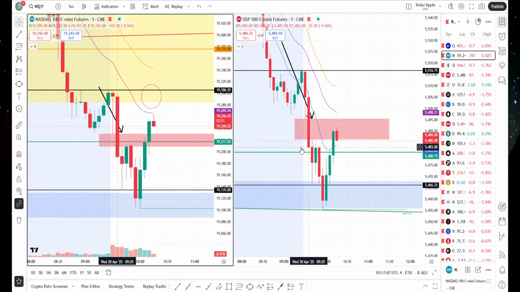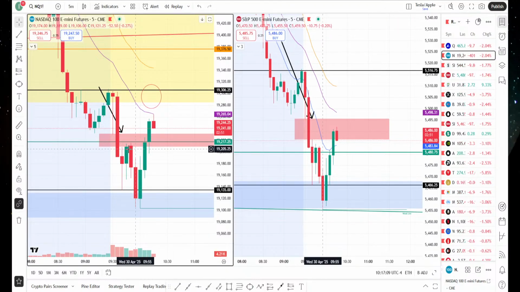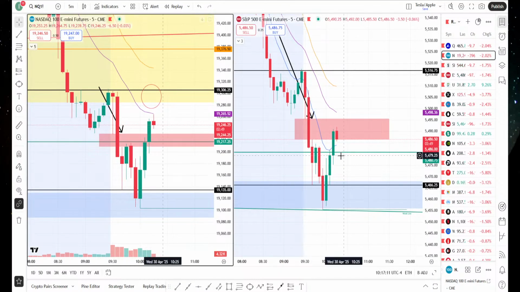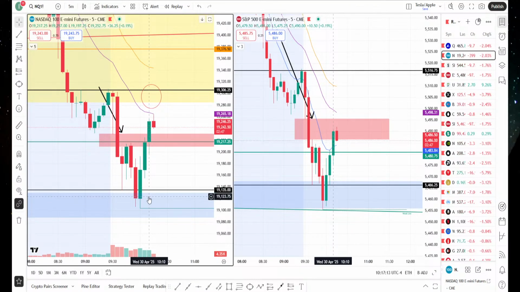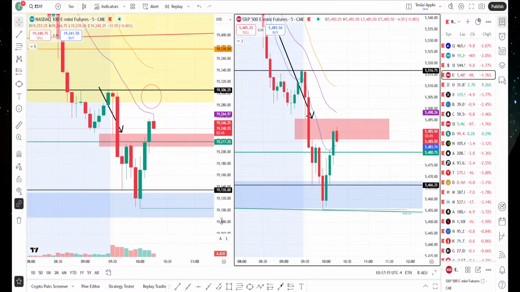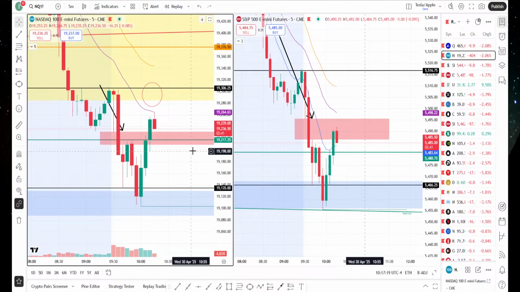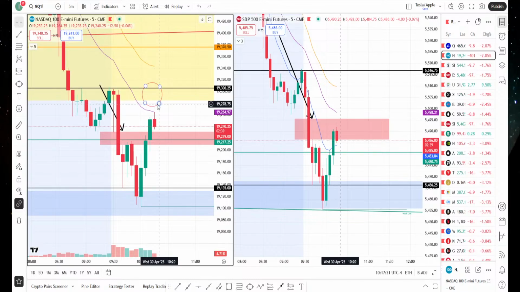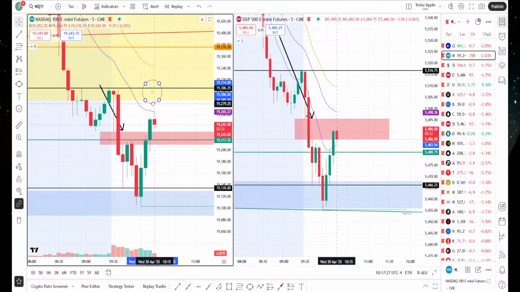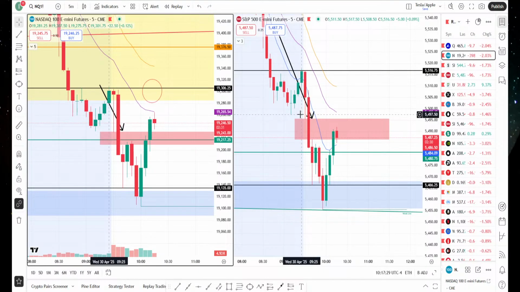If the ES is not following through with what the NQ is doing, one of them is snitching on the other one. In this case, the ES was snitching on the NQ. So there you have it. I've learned that not from a book or from a person. I learned that through watching these two for so long.